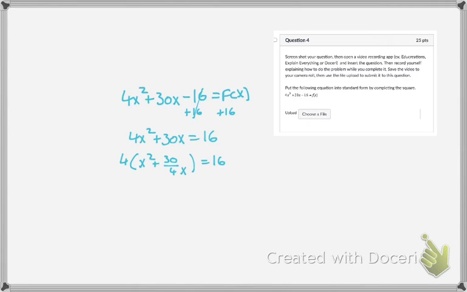Actually, before we do that, we need to complete the square. So you take this b term, 30 over 4, and we take b divided by 2, and we're going to square it.